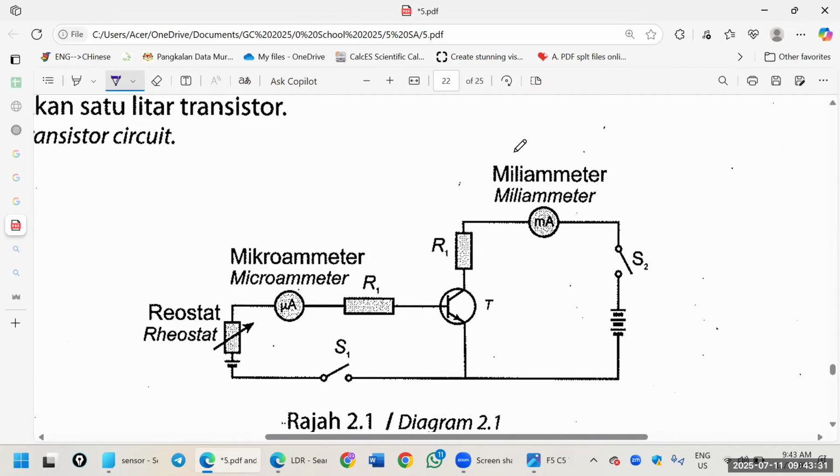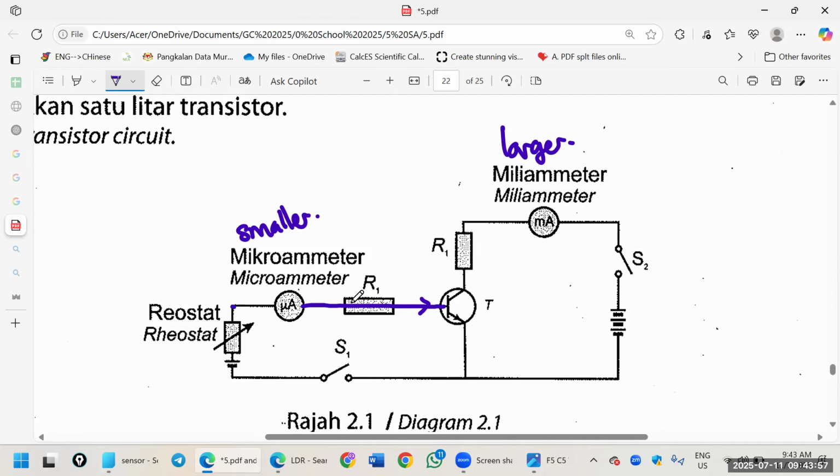Yeah, milliammeter has a larger current. Very good. Micro is a smaller current. Okay, so may I know the current here, we call it as IB or IC? What's your name? James. Right, James?